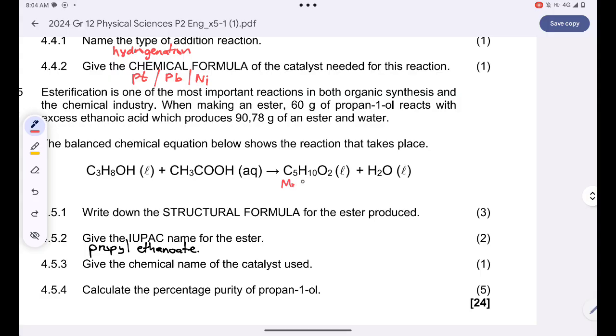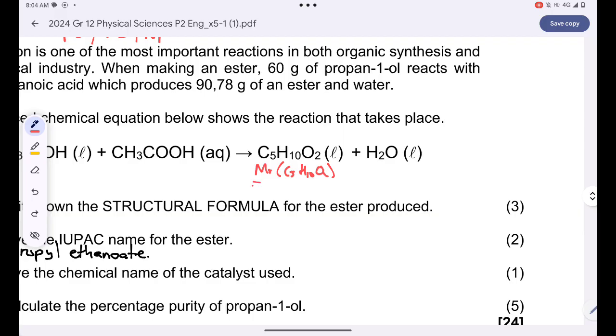The molar mass of our ester, it's C5H10O2. So this is basically 5 times a carbon, and I know the molar mass of carbon is 12, plus 10 times hydrogen, hydrogen has a molar mass of 1, plus 2 times oxygen, oxygen has a molar mass of 16.